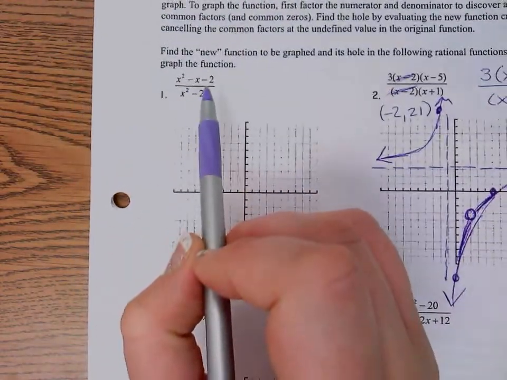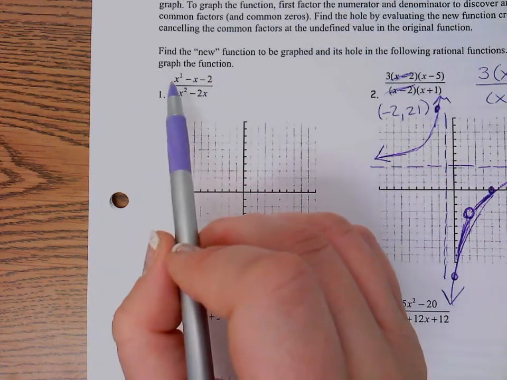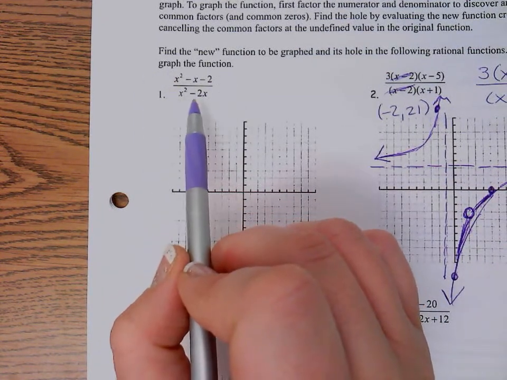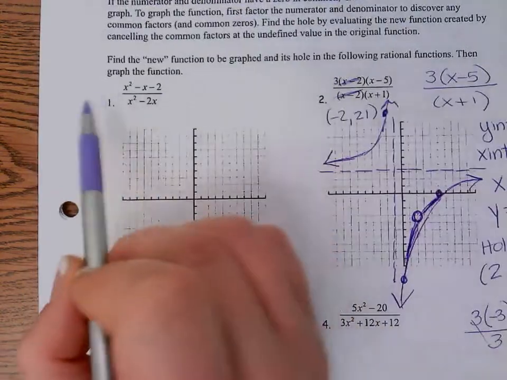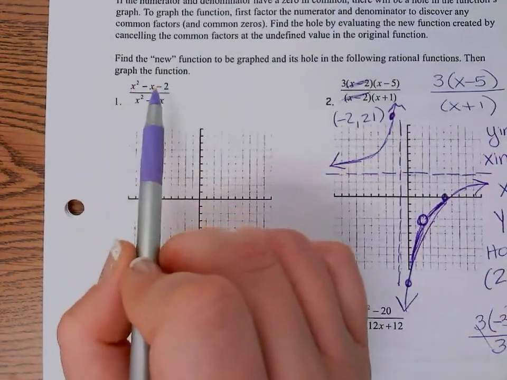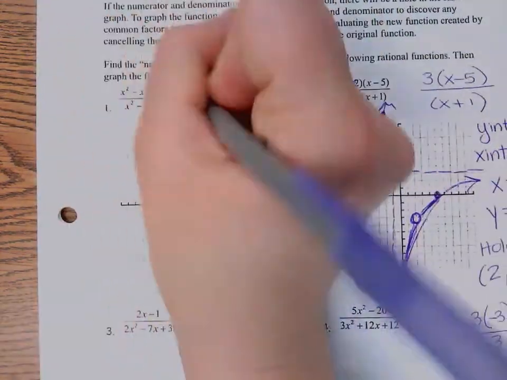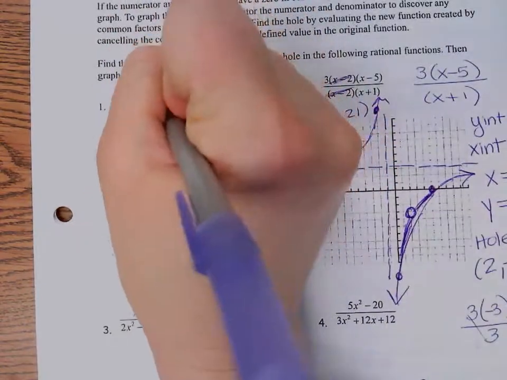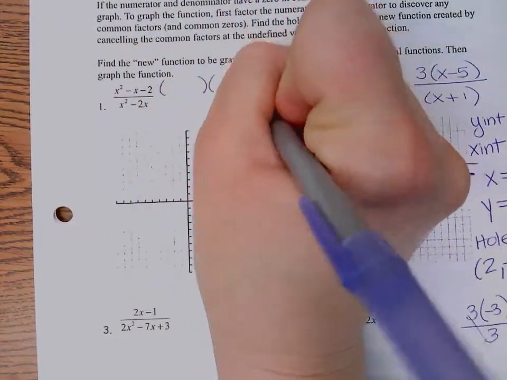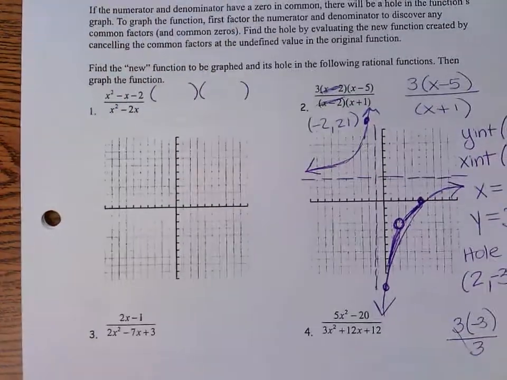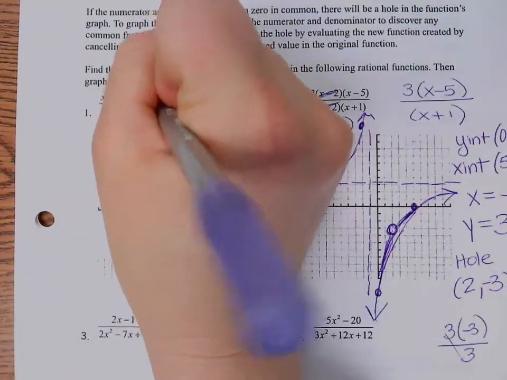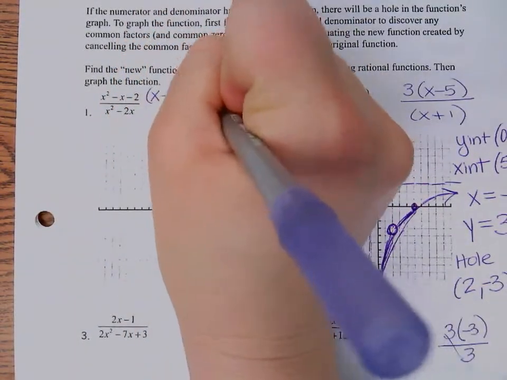So let's see, we have to be able to factor, right? Because this is now in standard form. So to get it to this point, we need our rules about polynomials to be able to factor this. So what are the factors of -2 that will add up to -1? x minus 2, x plus 1.